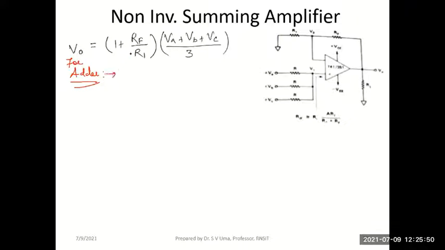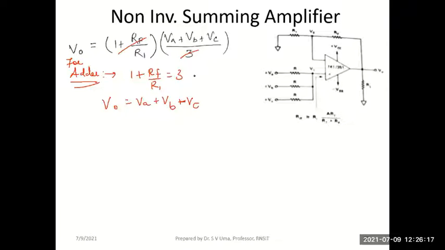I have to remove this 3 from the denominator by multiplying it with the same value. Then the output will be the sum of the three signals. Yes or no? You just have to consider 1 plus RF by R1 should be 3, so that this cancels out and you will get V0 as VA plus VB plus VC.